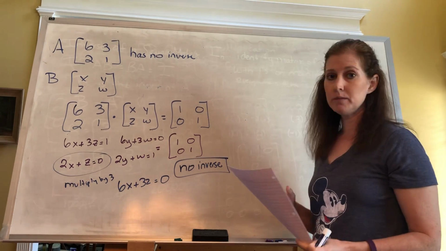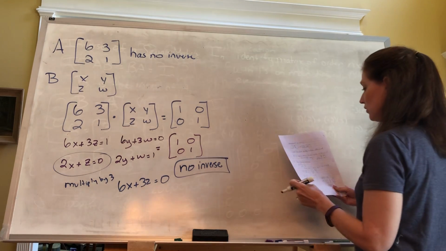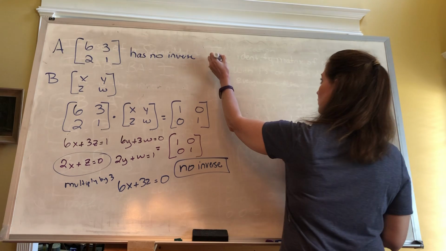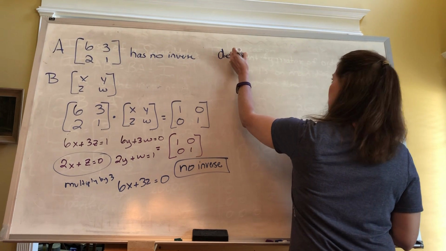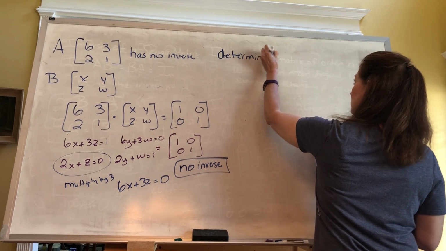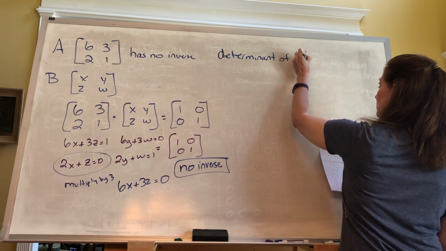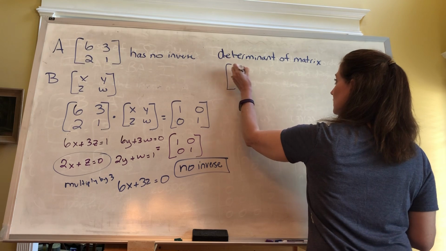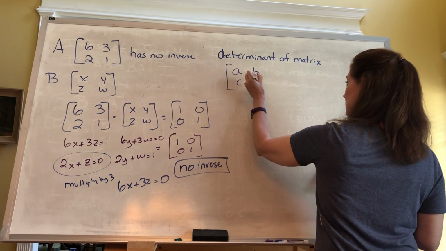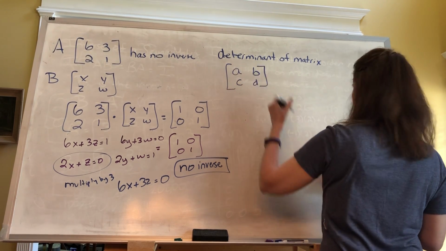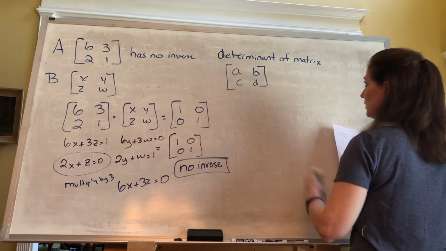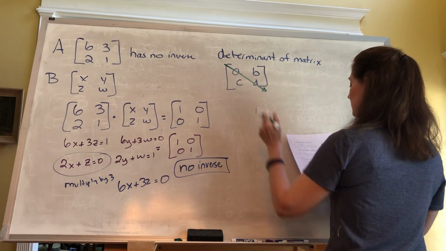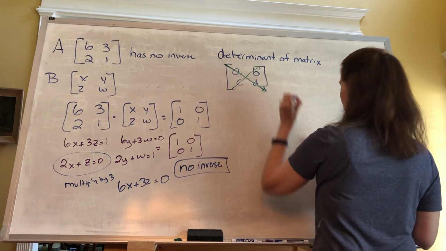All right, a determinant of a matrix. For the 2 by 2s, it's very easy to do. So if we have matrix A, B, C, D, to do the determinant, we go down south and then up north.